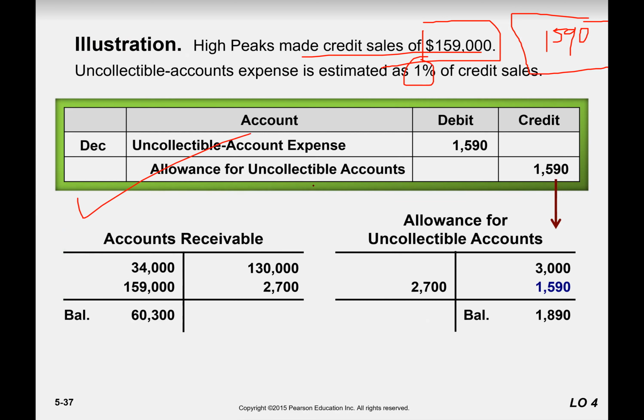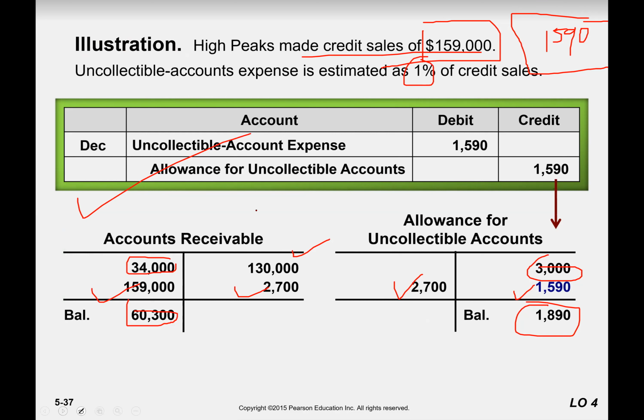So we put all these journal entries into our ledger, into T accounts, with the 34,000 balance and 3,000 balance already given. Accounts receivable decreased by 130,000, that is the cash collection, plus new credit sales and write-offs, and the new allowance here. The total balance is 1,890, and this is the balance for total accounts receivable.